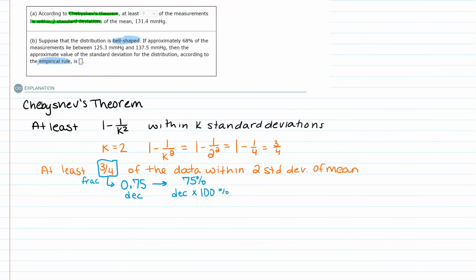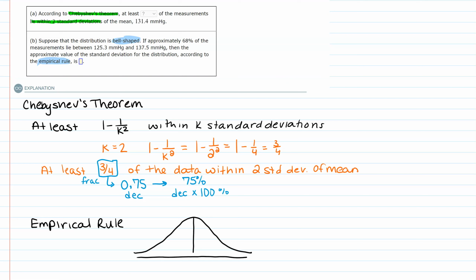If you have a bell-shaped curve, so the empirical rule says that in your bell-shaped curve, the center is the mean, right? The mean's the highest point. It's also going to be the same as the median and the mode.